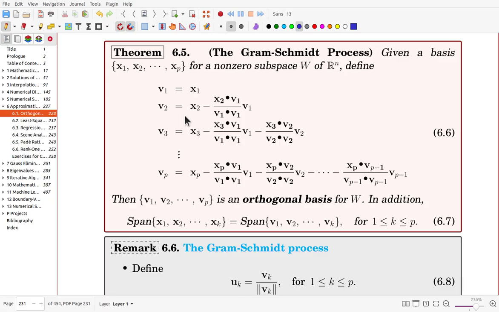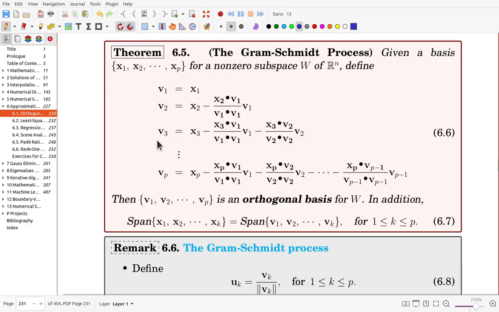Now we expand this to a third vector. Now x3 is projected onto v1 and v2, the first two vectors, and that component is subtracted from x3. Then the orthogonal component v3 is non-zero, because from the beginning we assumed these are linearly independent, so there is always a leftover which is orthogonal to the previous subspace.